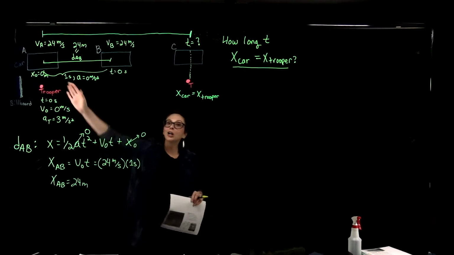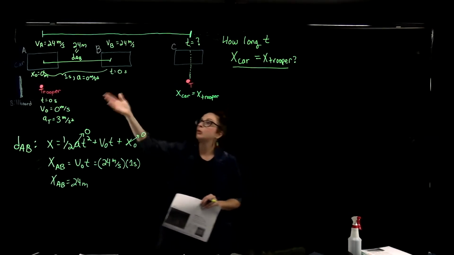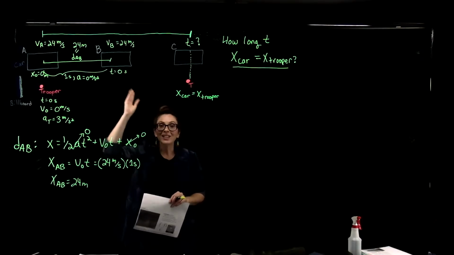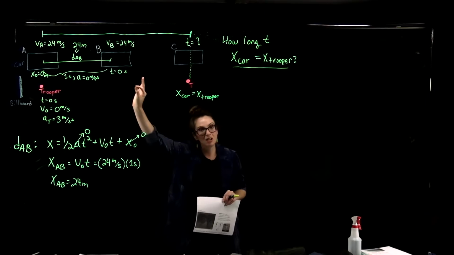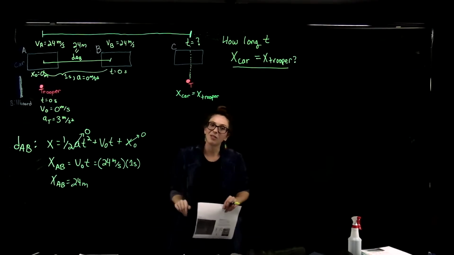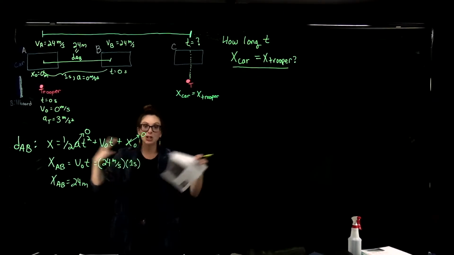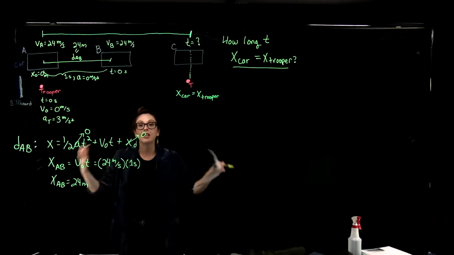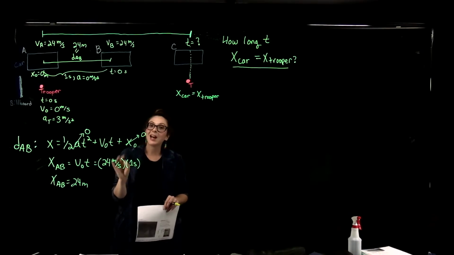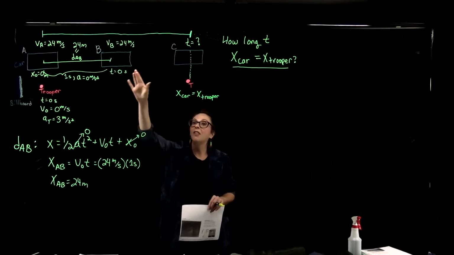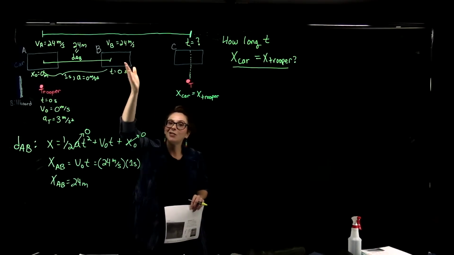Now, when our car moves that 1 second, it moves 24 meters. At that time, that's where we're going to say that t is equal to 0 for the rest of this problem. I can choose t equals 0 wherever I want and do the problem with respect to that initial point. Okay, so that point in time, t is equal to 0, I'm going to call the time after the car has already traveled 24 meters.